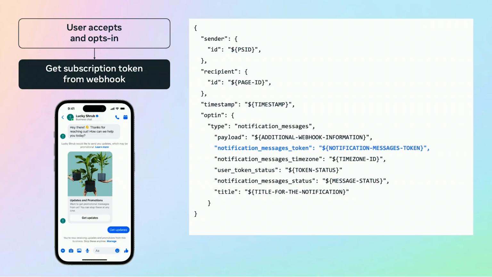On success, your app will receive the following JSON response, which includes recipient ID equivalent to page scoped ID, time when the token was created, title for the notification, and more. Please notice the field in blue. This is the notification messages token or the subscription token.